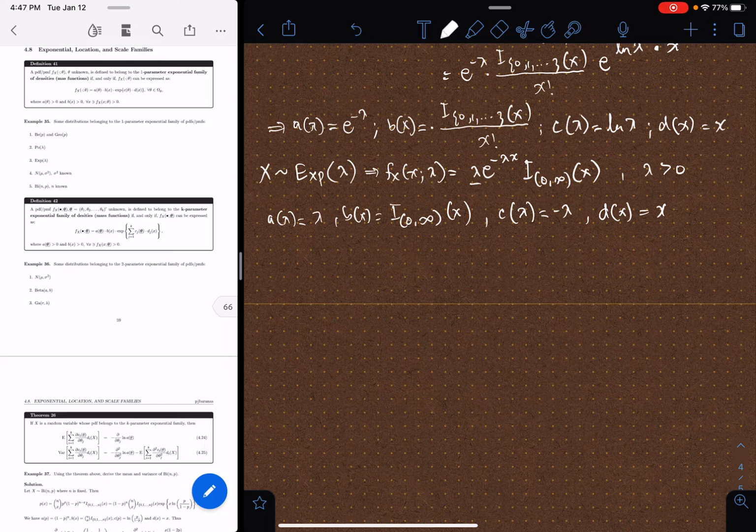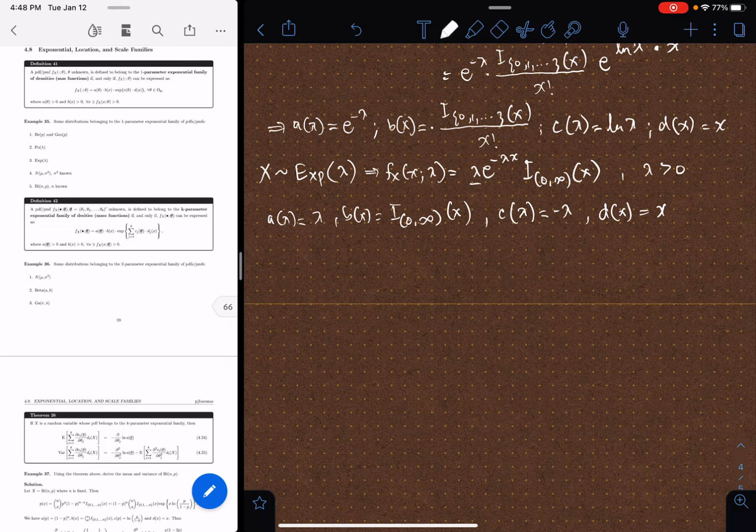So, a of theta underscore times a function of x, b of x, times the exponential of the sum from 1 to k of a function of theta underscore times a function of x. Ganyan. Again, yung a of theta is positive, yung b of x is positive for all x where f of x is greater than 0.